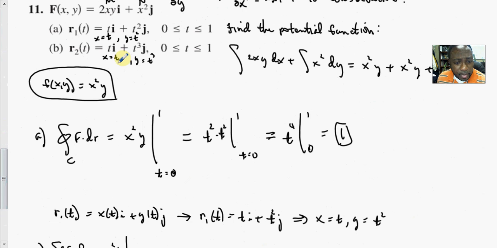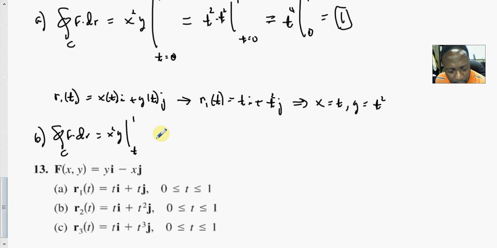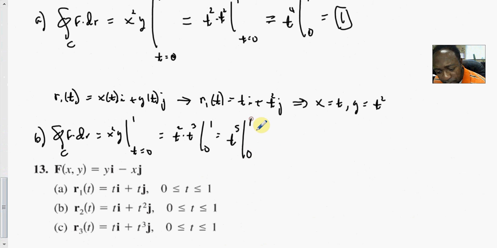So here for part B, x equal to t, y is equal to t cubed. So x equal to t, this becomes t squared, and then y is t cubed. So we get t to the 5th evaluated from 0 to 1, and that gives us 1.